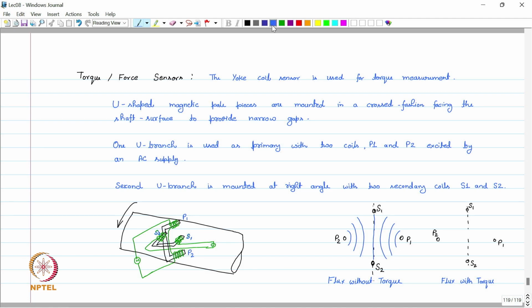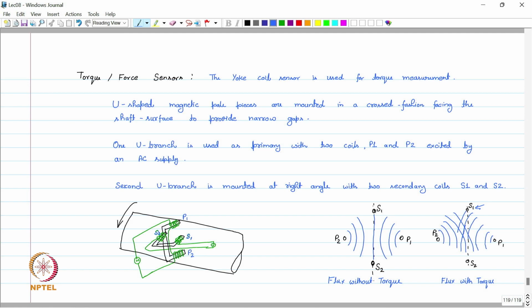Now because of the change in the magnetic property of the material, the flux is linked more towards S1 compared to S2. So we see more flux picked up by S1 compared to S2, and vice versa.